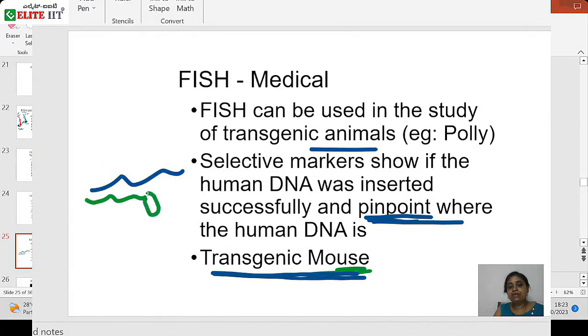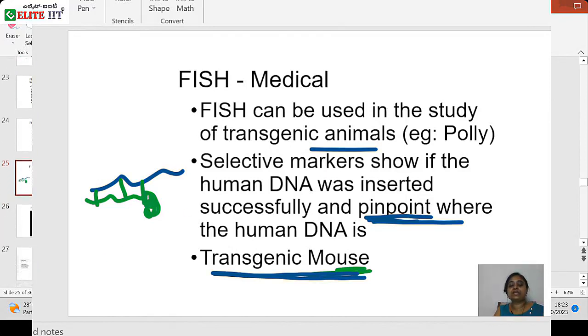You add one fluorescent compound to the probe and do the hybridization process. You can visualize it, and if you are getting any fluorescent color, that means it is a transgenic mouse, in which human DNA is successfully inserted.